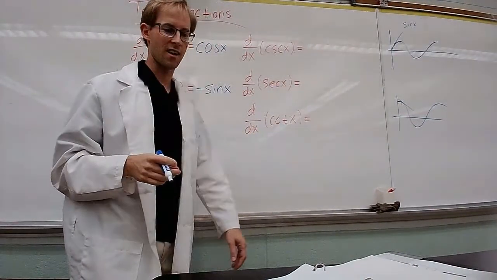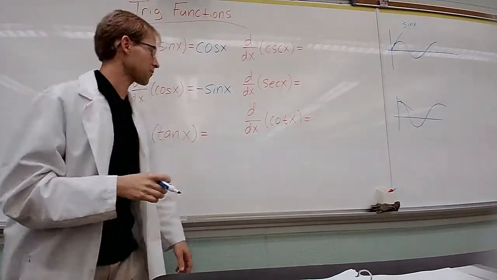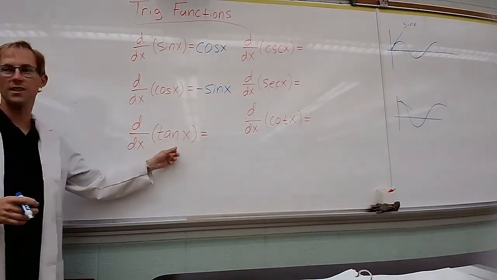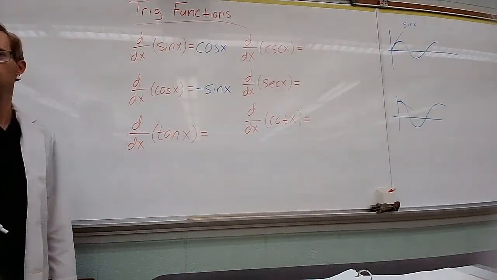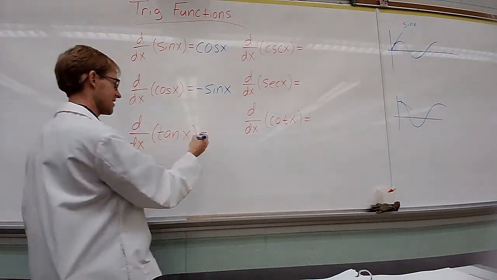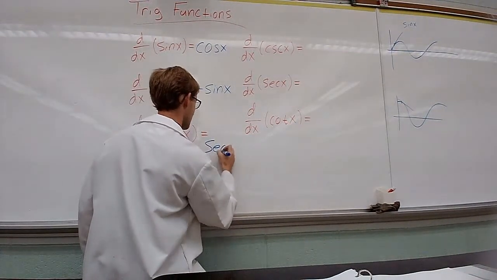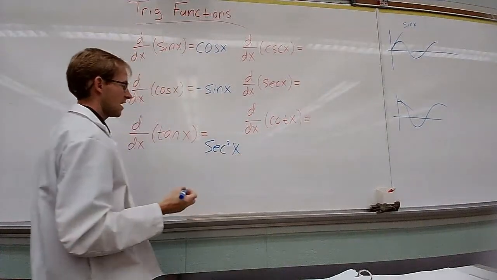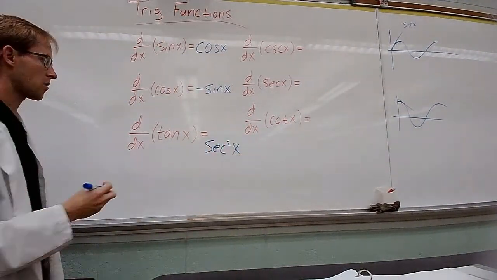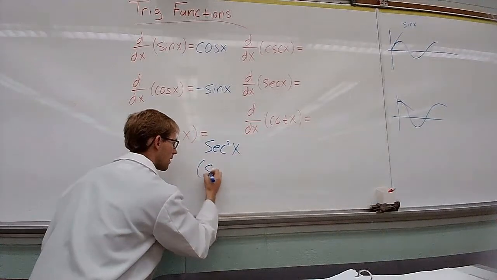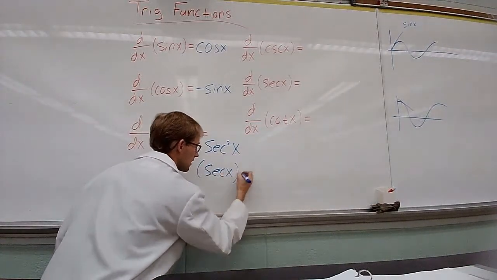All right. If you remember what I had written up, in place of tangent x, you'll know what the derivative of tangent x is. Secant squared. Yes. And if you don't like this notation, another way of writing secant squared is this.